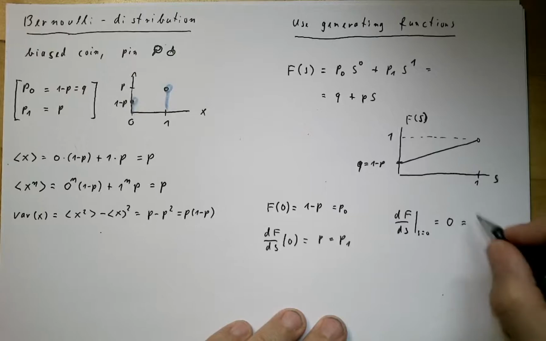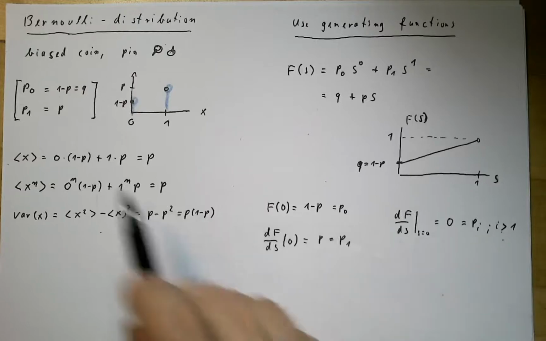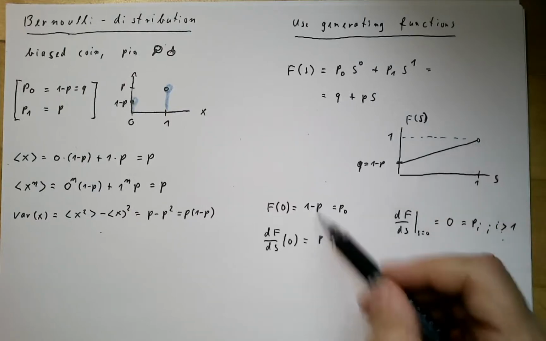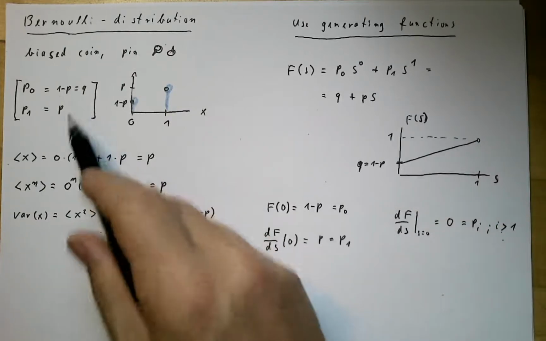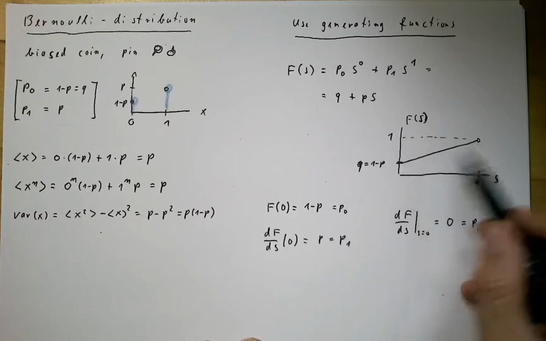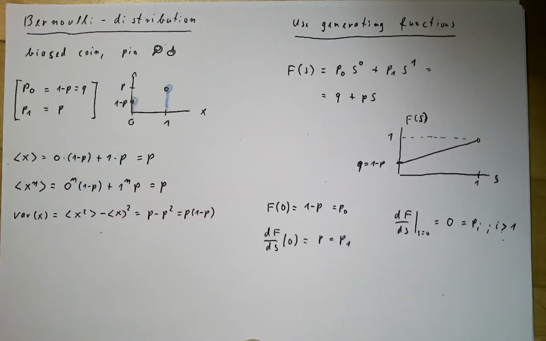So we will find all other Pi with i larger than 1 are all 0. So we just have two values in the distribution. With the linear function, we just have two contributions here, and if we had just known this function, we would directly have seen the values of the distribution.